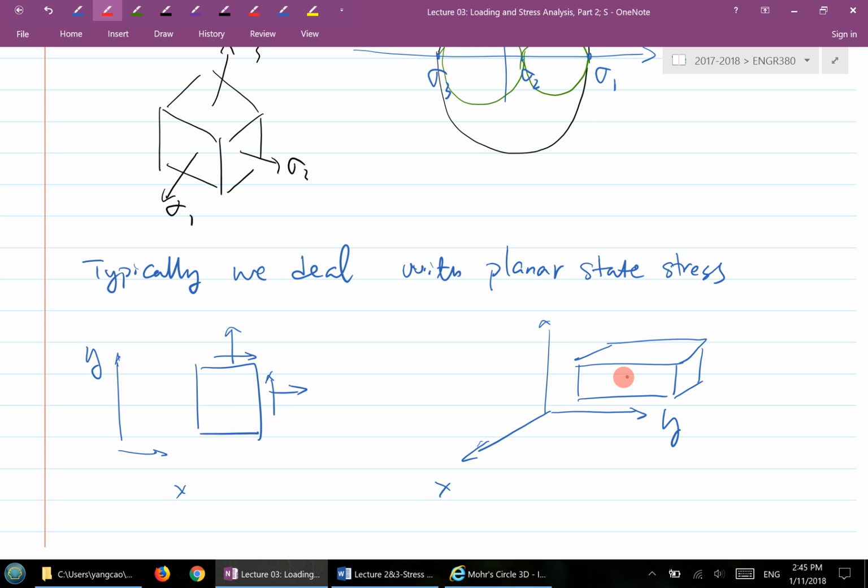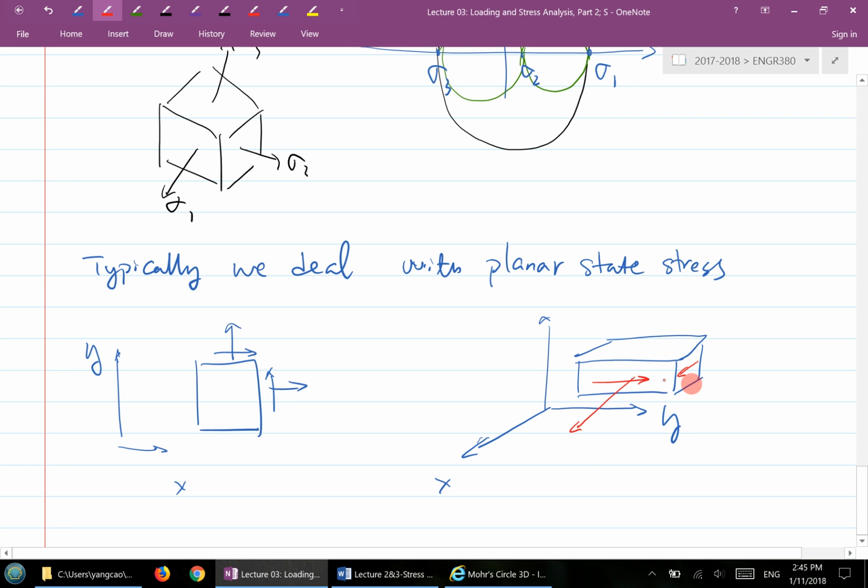In this case, you will have a sigma x here, and this is the tau xy. Sigma x, tau xy, and of course there's sigma y here. So that's what I mean by looking at a planar state of stress in 3D.